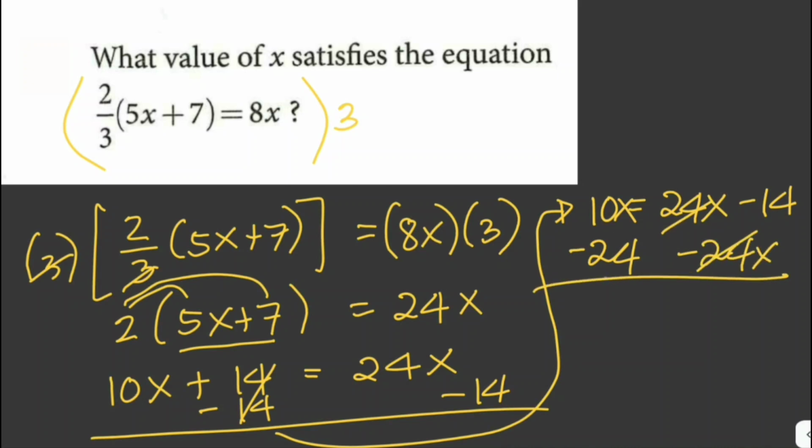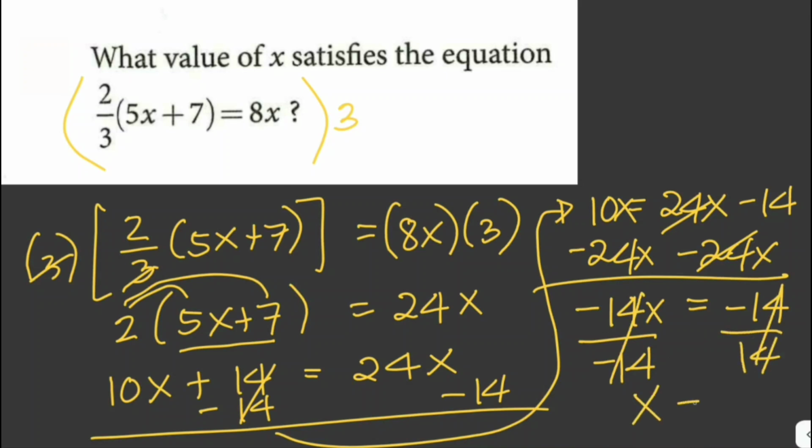So we have 10x minus 24x, so this is negative 14x equals negative 14. And then we divide both sides by negative 14. Therefore, the value of x is equal to 1. So 1 is the value of x that satisfies this equation here.